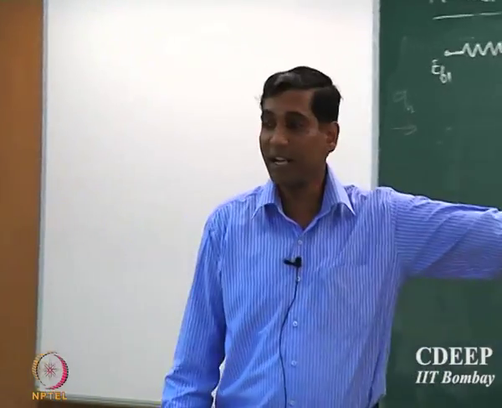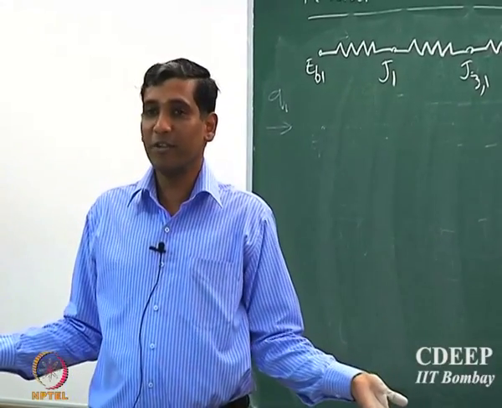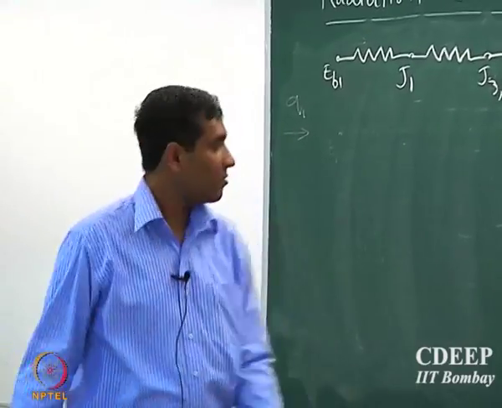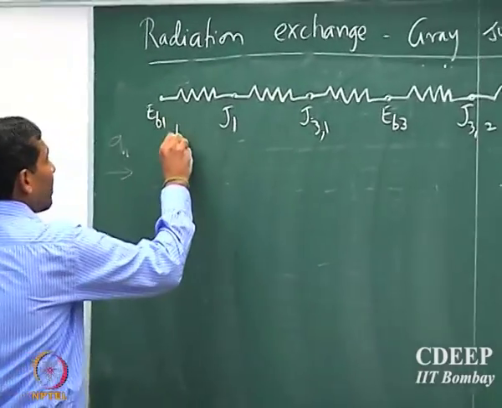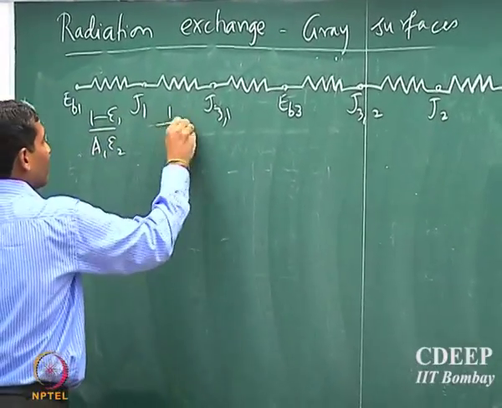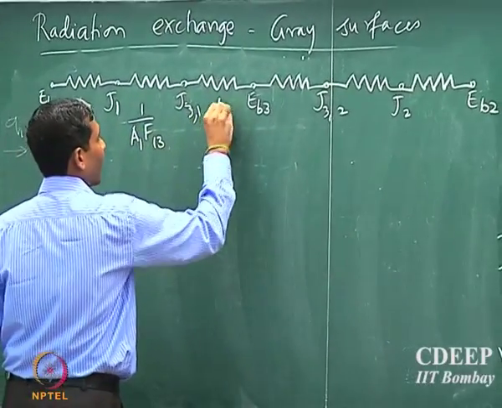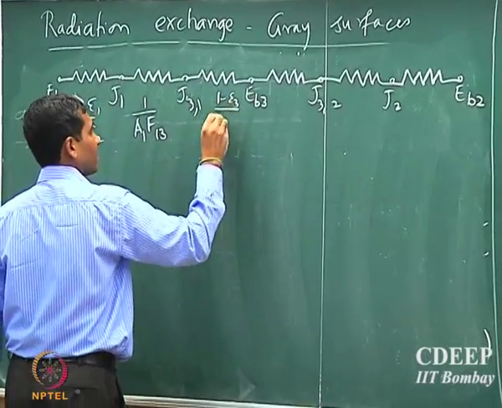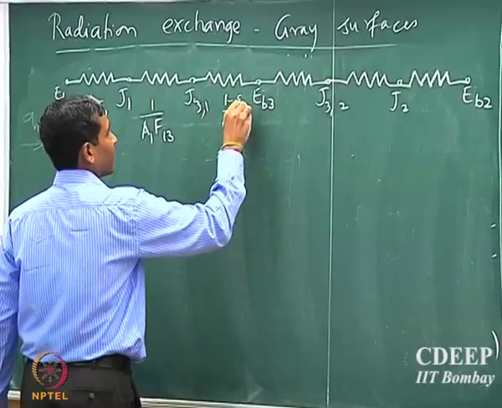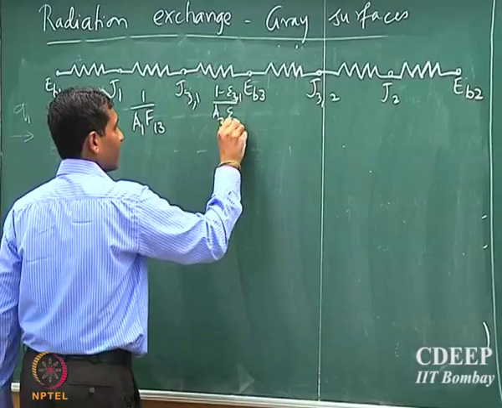Now, if the shield that you have placed does not completely cover the two surfaces, then there will be exchange between 1 and 2. So, this is (1 minus epsilon 1) by A1 epsilon 1, this is 1 by A1 F13, this is (1 minus epsilon 31) by A3 epsilon 31.